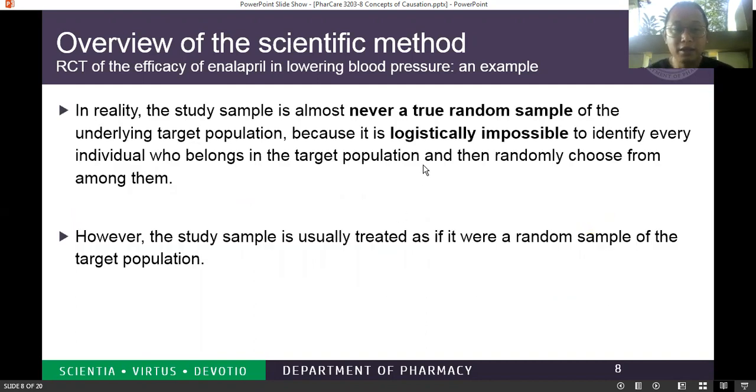So in reality, the study sample is almost never a true random sample. Why? Because it is actually very difficult to draw a sample from the population of interest in an ideal random way.